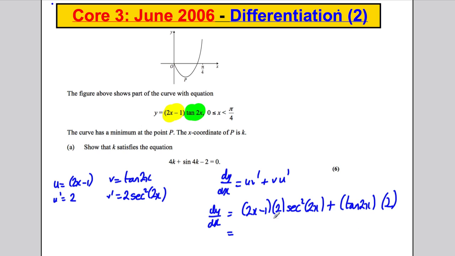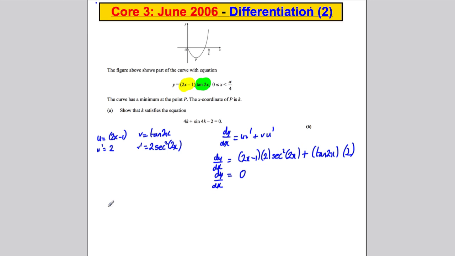You could factorise out, well, there's no point, we'll just leave it as that for now. And at a minimum, dy by dx is equal to 0. So therefore this thing is equal to 0. So we could say that 2x subtract 1 multiplied by 2 sec squared 2x plus 2 tan 2x is equal to 0.